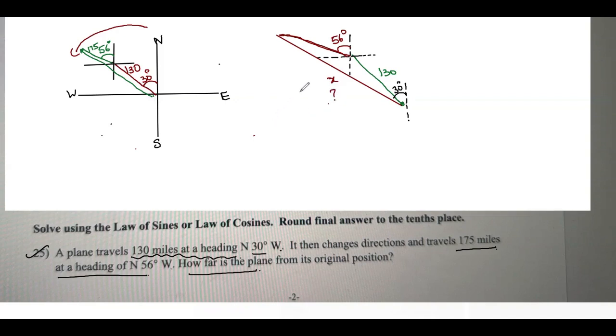Got it, friends? So what is our method of doing this? Here the distance is 130, and here the distance is 175. So we have directions like this. Whenever we draw this direction, this is 30 degrees. By alternate interior angles, this is also 30 degrees.